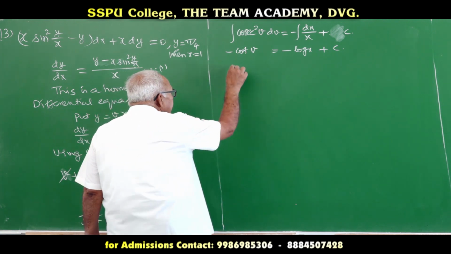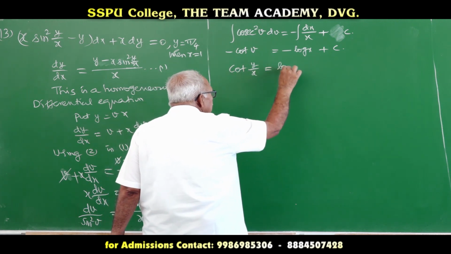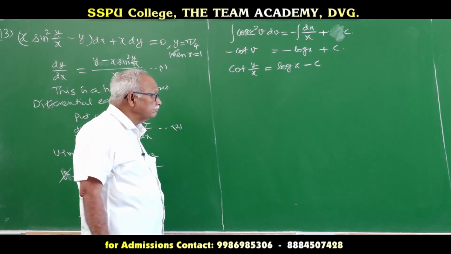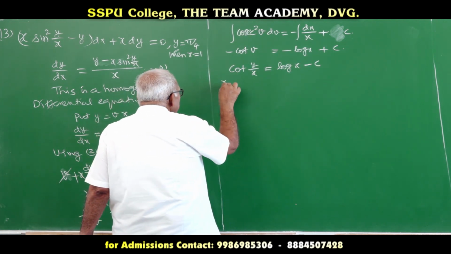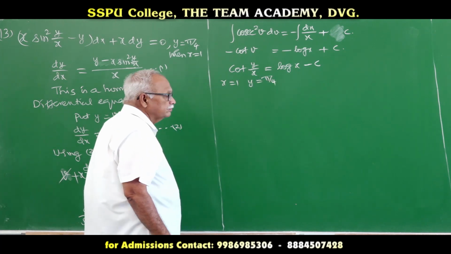So if you write this as minus cot y by x is equal to minus log x minus c. Now put the values x is equal to 1, y is equal to pi by 4.